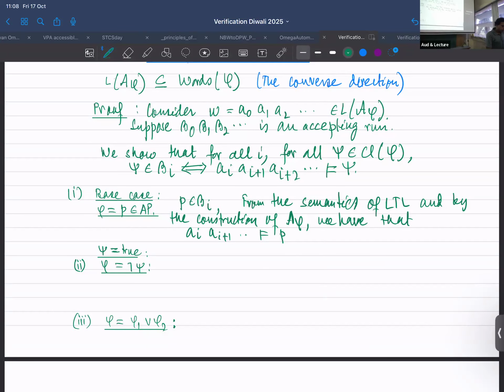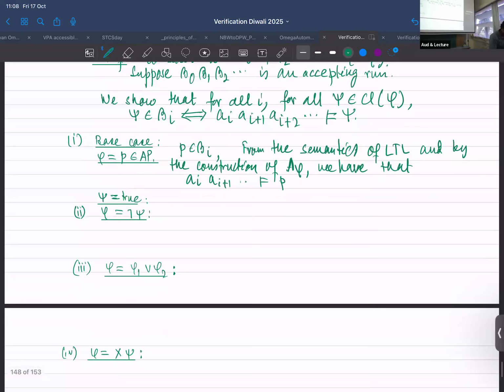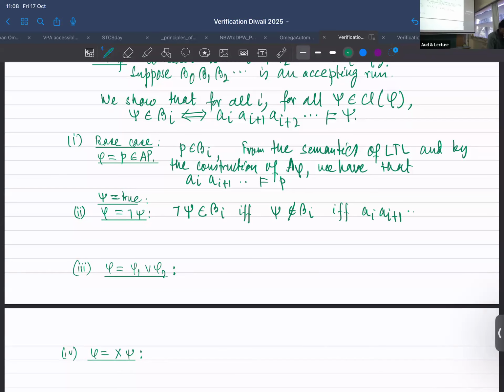So what about negation of phi? Suppose negation of psi belongs to beta I if and only if psi does not belong to beta I, if and only if a_i, a_{i+1}, etc. does not satisfy psi.